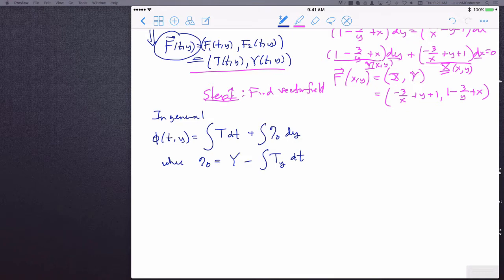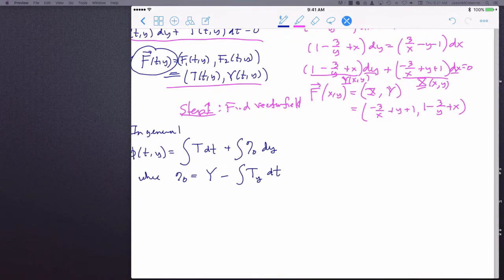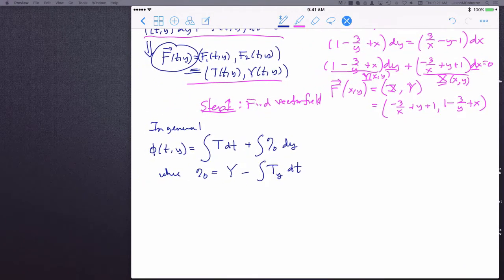Okay, so that is the series of steps you would go through. Let's work through that for our specific example here.